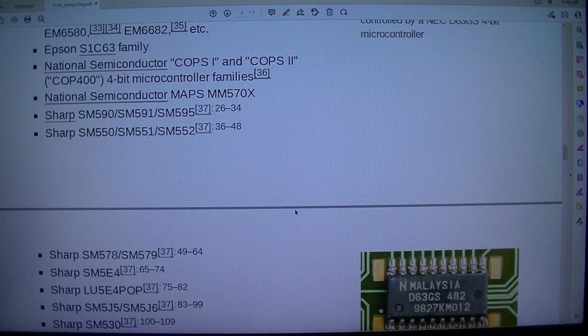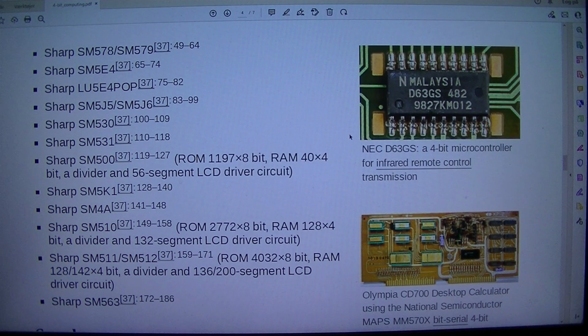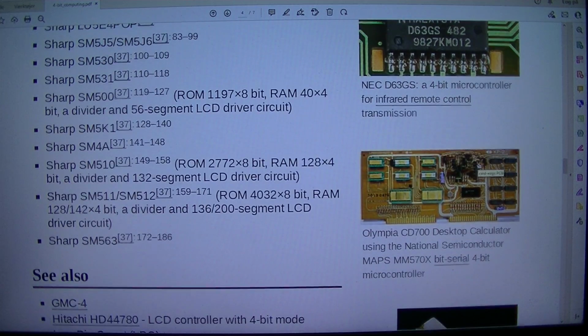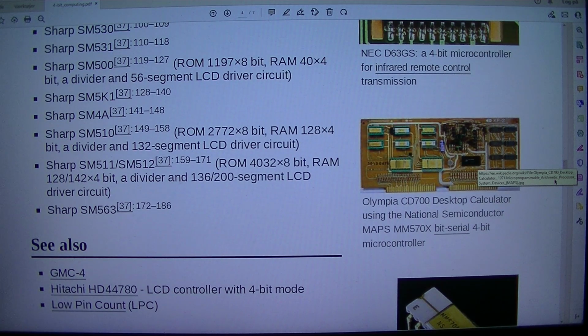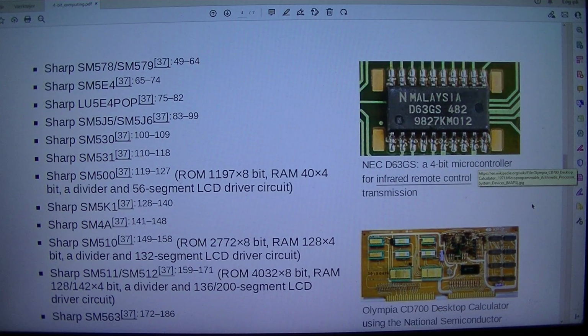Sharp SM550/SM551/SM552, 37, 36, 48. 20-pin PSOP. NEC D63GS, a 4-bit microcontroller for infrared remote control transmission card edge PCB. Olympia CD700 desktop calculator using the National Semiconductor MAPS MM570X bit serial 4-bit microcontroller 16-pin DIP.